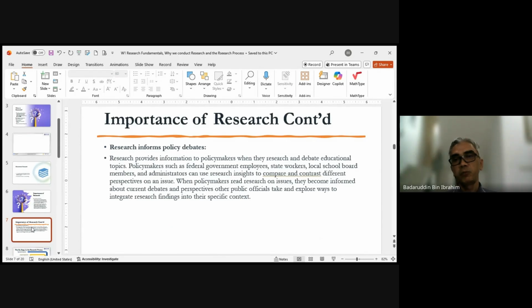That's why when we talk about education, when we talk about community, or we talk about social science, when we want to introduce new policies or rules, for example, then the policy or rules must come from the ground, from what really happened on the ground.